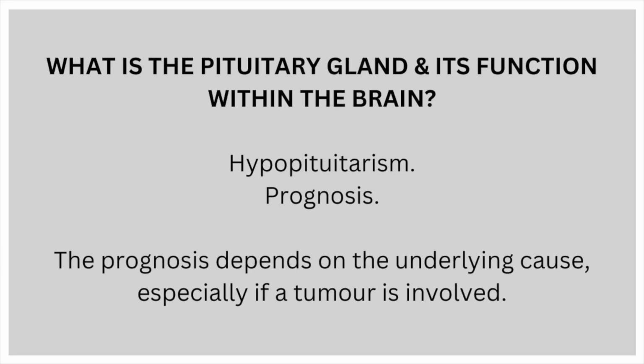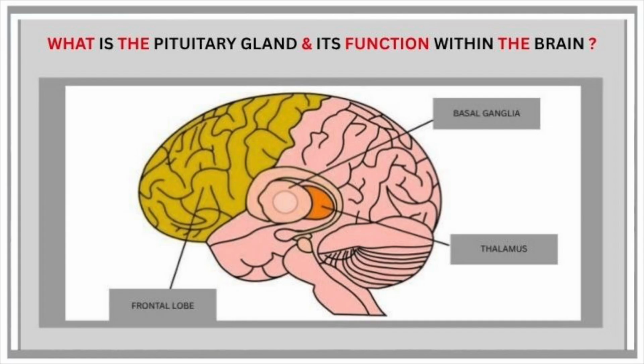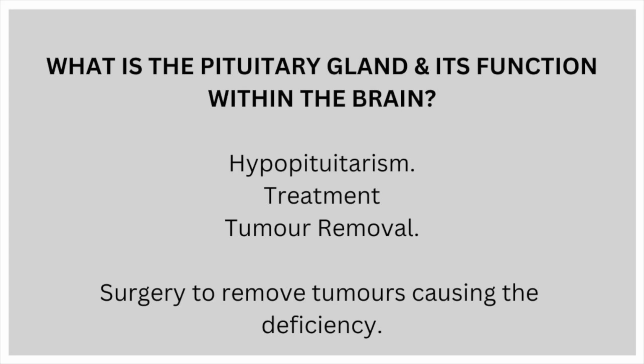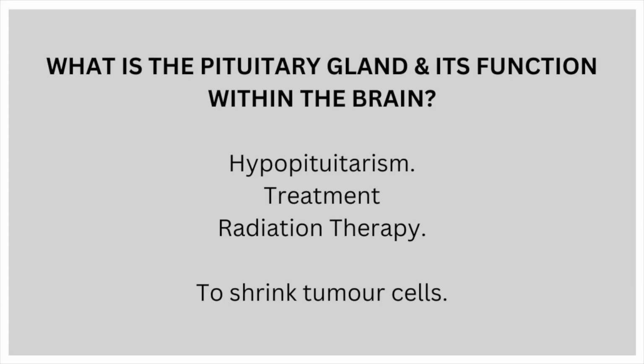The prognosis depends on the underlying cause, especially if a tumour is involved. Hypopituitarism treatment. Tumour removal. Surgery to remove tumours causing the deficiency. Radiation therapy. This will be to shrink tumour cells.